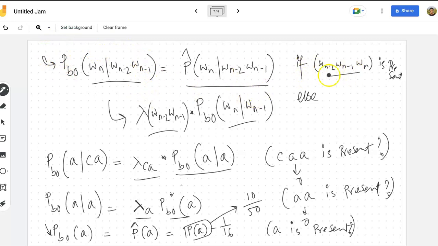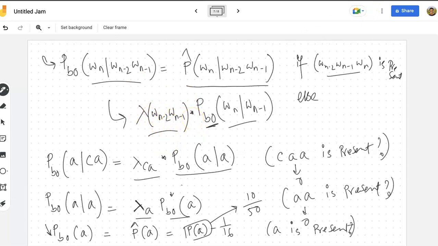If the diagram is present, then you will go with this discounted diagram probability. If the diagram is not present, you will go one step down and go for the backup bigram probability, but you need to multiply with a lambda thing. So this is the lambda.